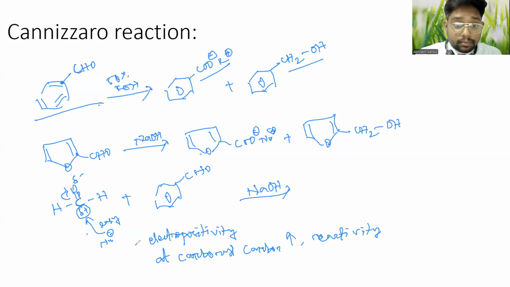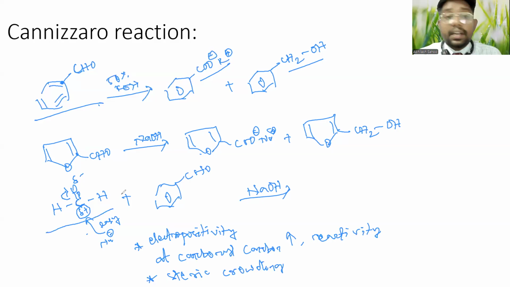And one more thing: steric crowding or steric repulsion. In formaldehyde, only two hydrogen atoms are there at both sides. But in benzaldehyde, at one side there is a very big phenyl ring, which is bulkier than hydrogen, and which will restrict the further coming of the nucleophile. So steric crowding also matters a lot.